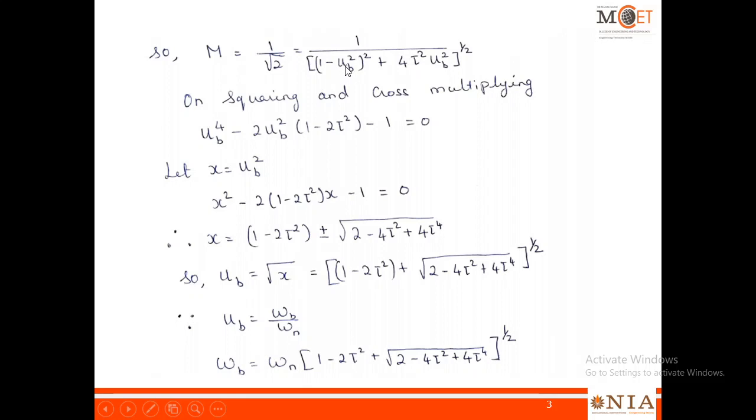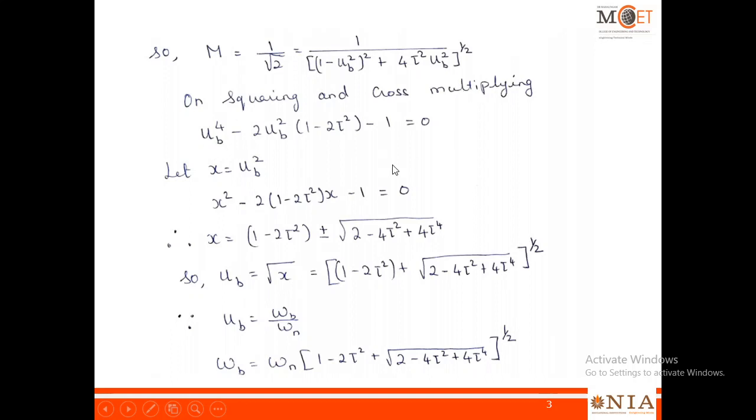Now, instead of writing u, I am going to include the suffix b, because ub is the frequency at which the magnitude is equal to 1 by square root of 2. So instead of writing frequency, I am going to write it as bandwidth frequency, ub. Now cross multiply, bring all the terms to the left hand side, and you will get a function like this, which has the highest power of 4.